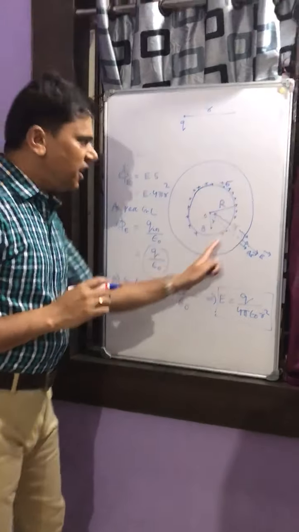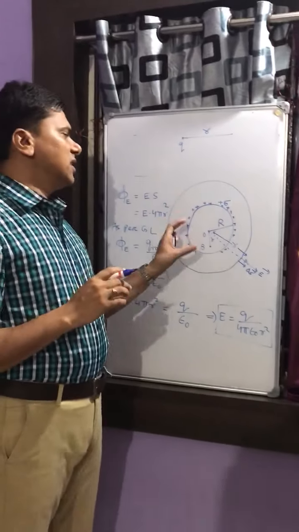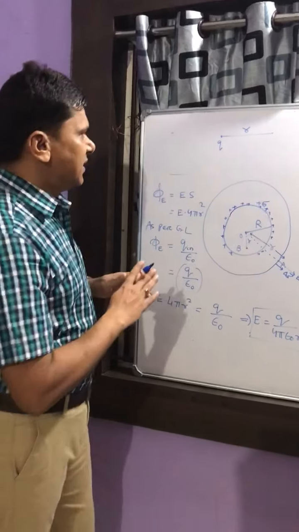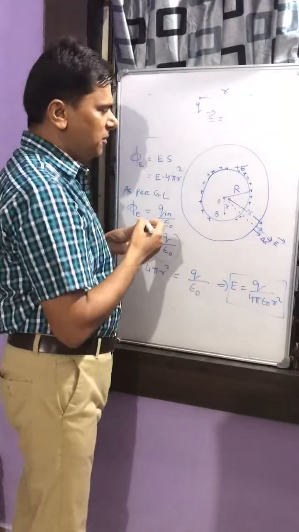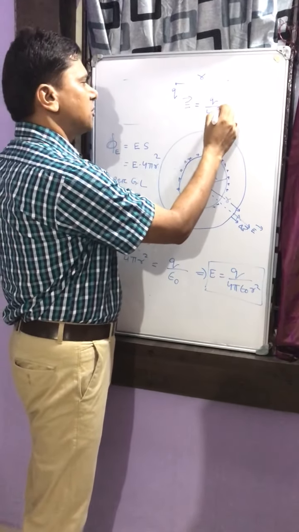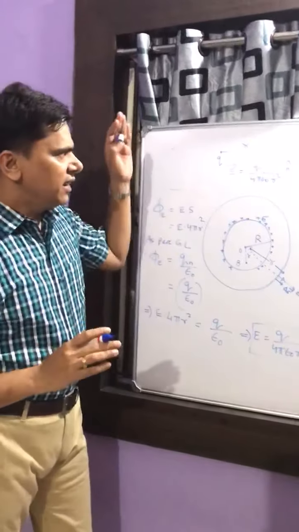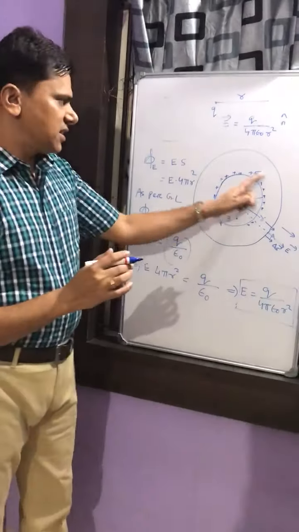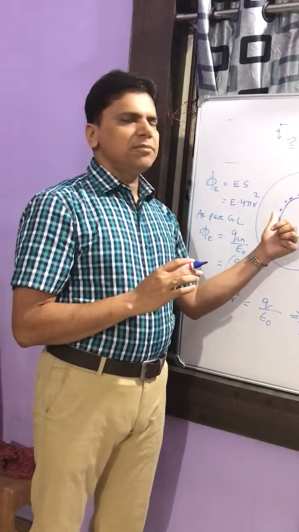So this thin spherical cell behaves as if there is a point charge q at its center. Now if you want to find the E vector, it will be equal to q by 4 pi epsilon 0 r square, again with a unit vector n cap.